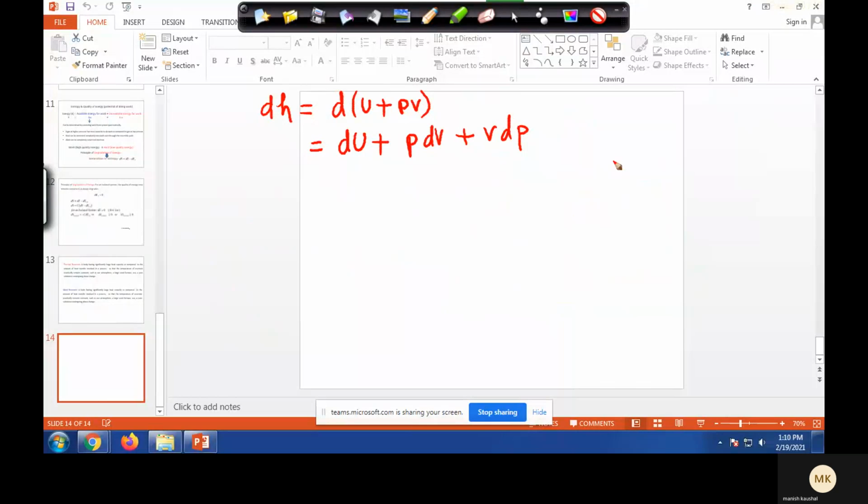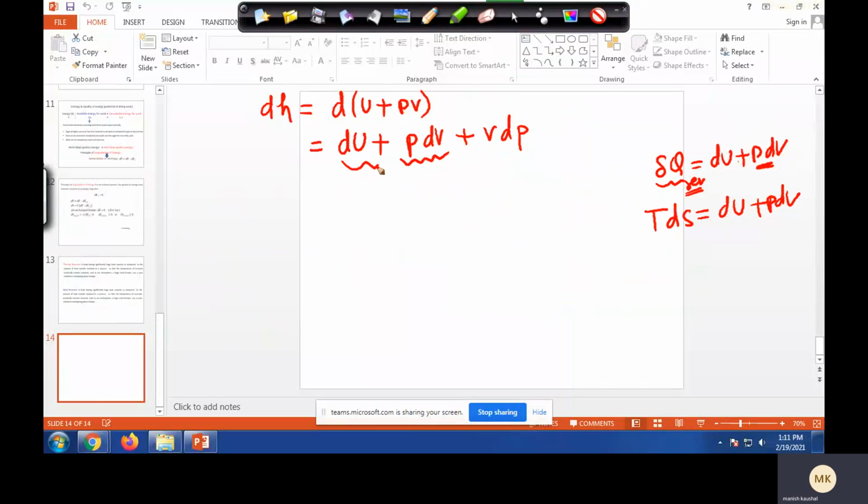We have the combined statement of the second law, because the moment you write P dV, it means the process is reversible, because you are talking in terms of differentials. So I can always write dQ equal to dU plus P dV, and this is going to be reversible because you are using P dV. So I can write TdS is dU plus P dV. Combining these two, dH is going to be equal to TdS plus VdP.